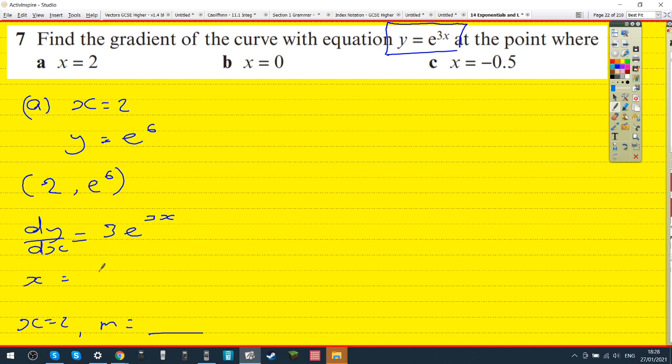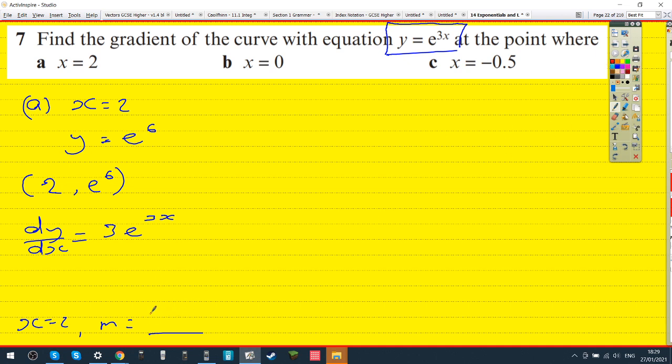So sub 2 for x. E to the 6 is what y equals. What is m equal to when x is 2? 3e to the 6. Yes.